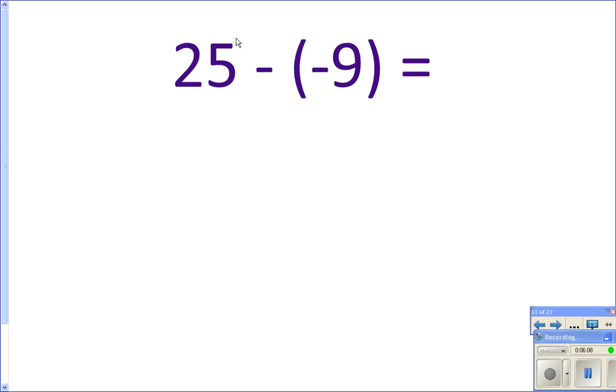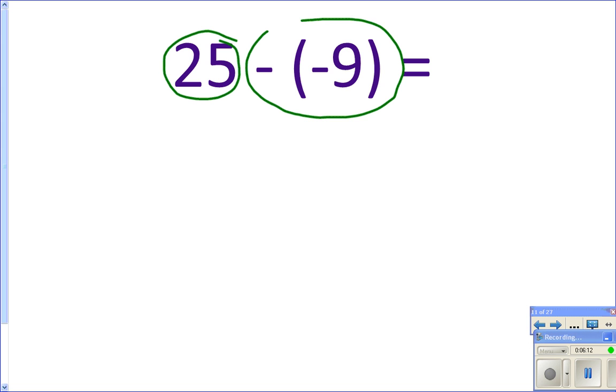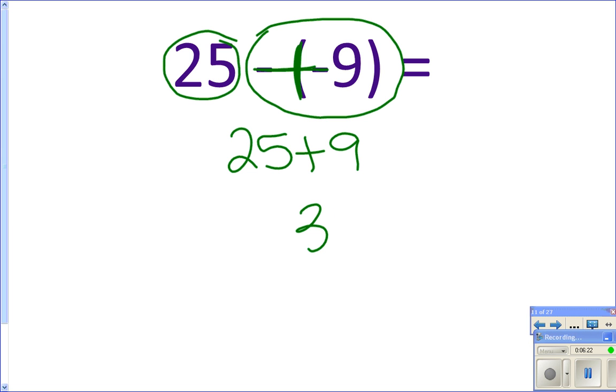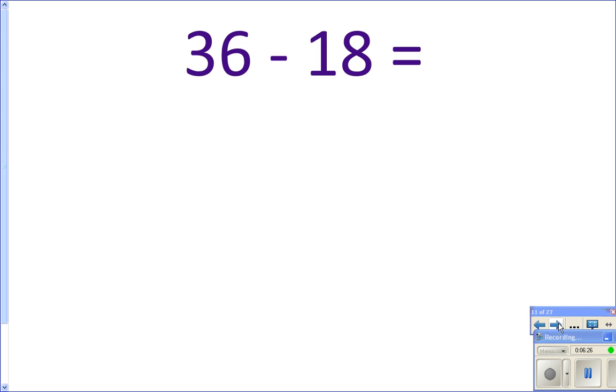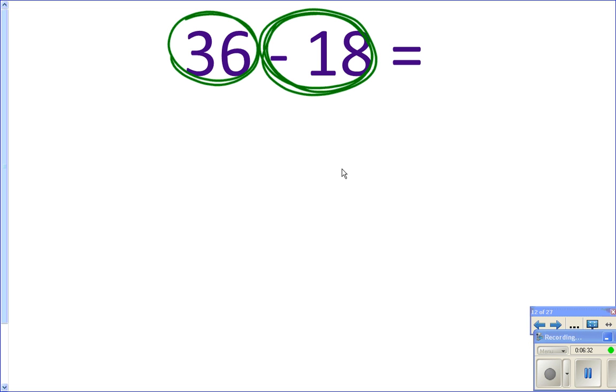Okay, so for this one, you should have circled the 25, circled the minus negative 9. The two negatives right by each other make a big plus. So you have 25 plus 9. 25 plus 9, you should get 34. Last one, you should have circled 36 minus 18. 36 minus 18.